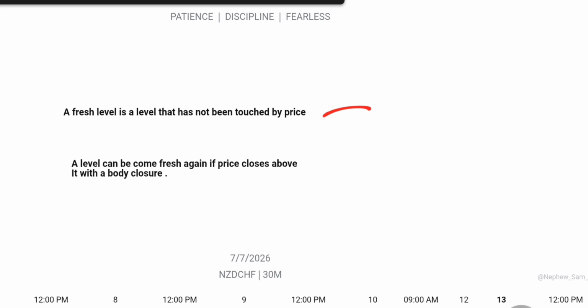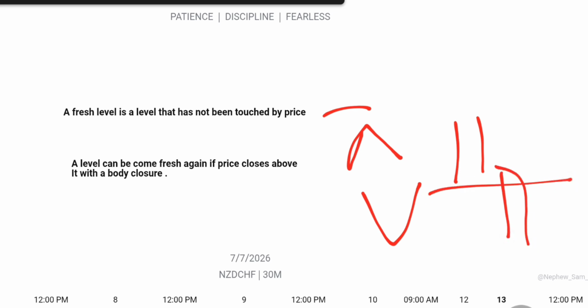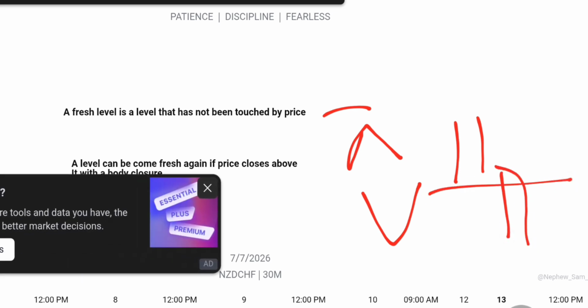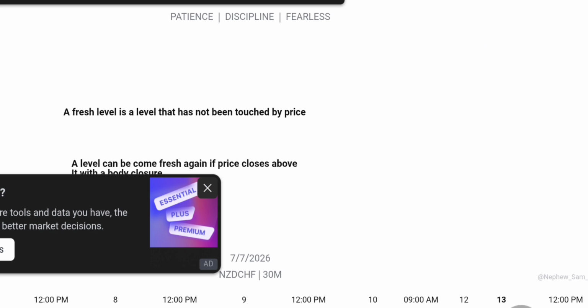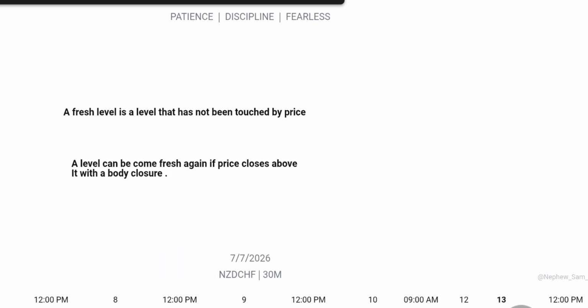That means once we identify a key level, any of the 6 key levels we have discussed, either an A-shaped key level, a V-shaped key level, a gap key level, 2 consecutive candles, or the resistance becomes support or support becomes resistance, or the QM key level, any of these key levels, once that key level is created and price has not touched it, price has not traded into that key level, we say that key level is fresh.